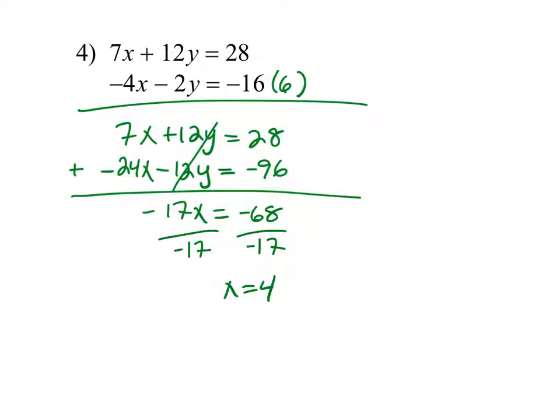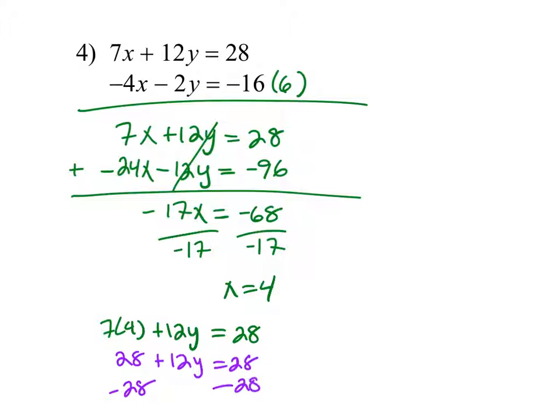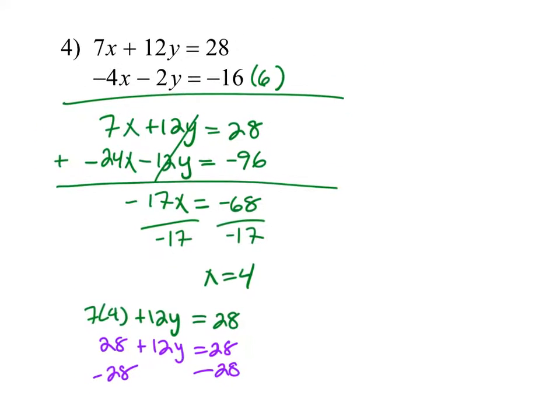Now I'm going to plug it back in, on my first equation. So 7 times 4 plus 12y equals 28. So 28 plus 12y equals 28, and minus 28. That means that 12y equals 0.